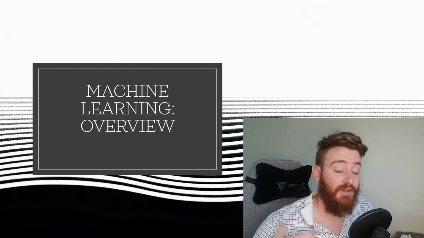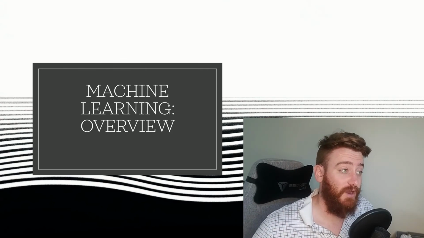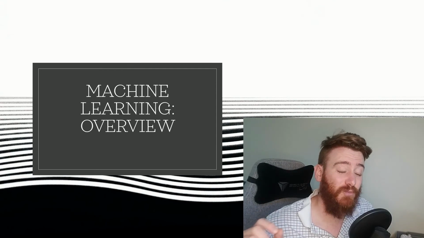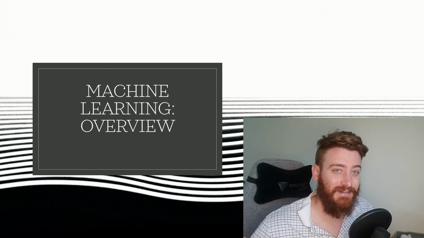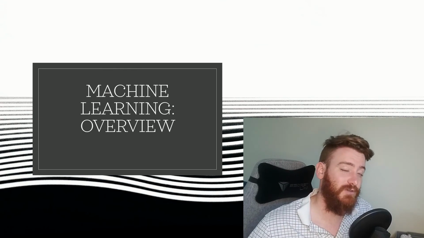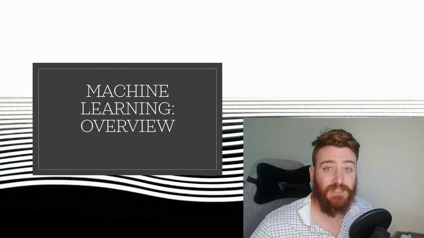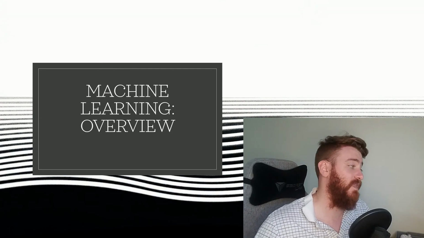Depending on the different types of data you have, that's going to drive what types of algorithms you use. There's just a lot of key terminology I want to go over before we really get in and start doing it, just to make sure everyone has a baseline understanding of what we're talking about here.